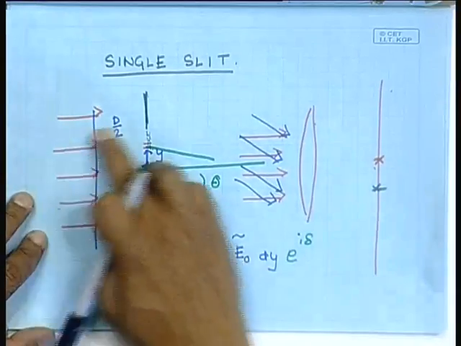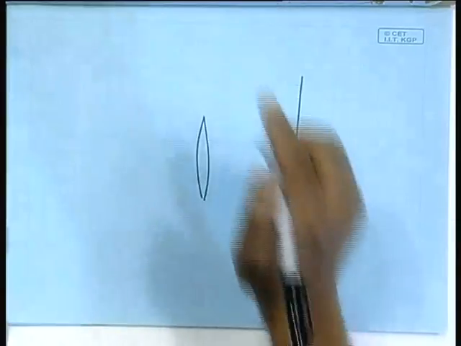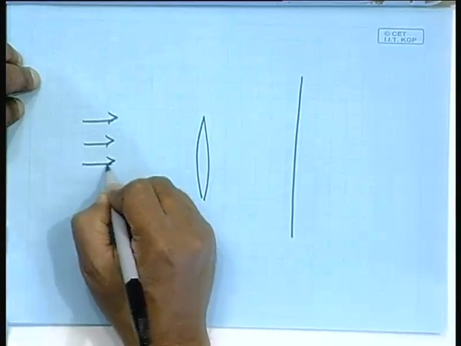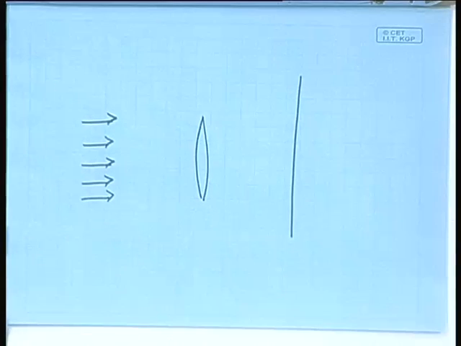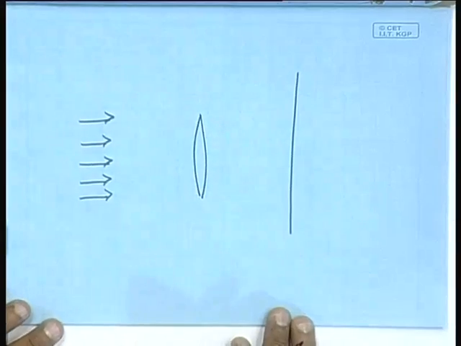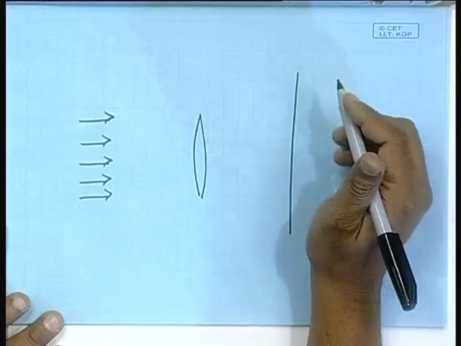In this case, the plane wave is incident horizontally, normal to the screen. Question is, what do you expect the lens to do? What kind of an image do you expect to see on the screen over here? Or equivalently, the screen is located very far away.